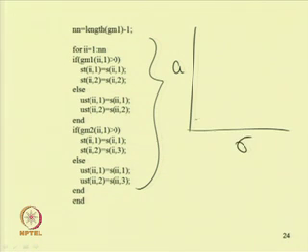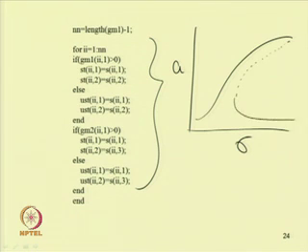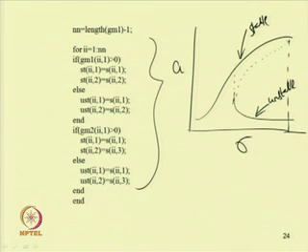We have already observed that for a positive value of alpha, one can obtain the response to be like this. This part is stable and this is unstable, and one can have a jump up phenomenon here or a jump down phenomenon here, depending on the initial condition.